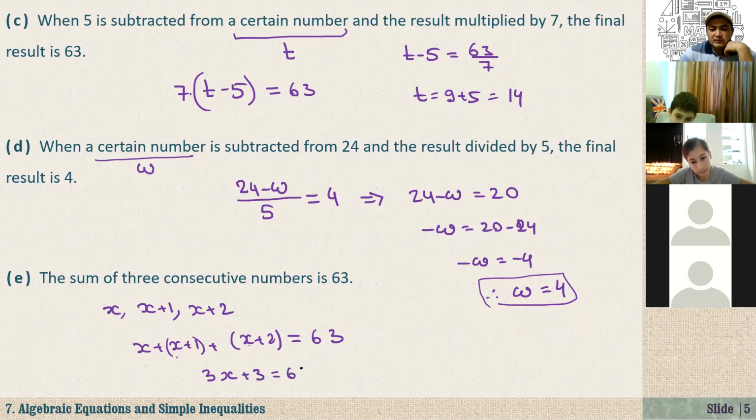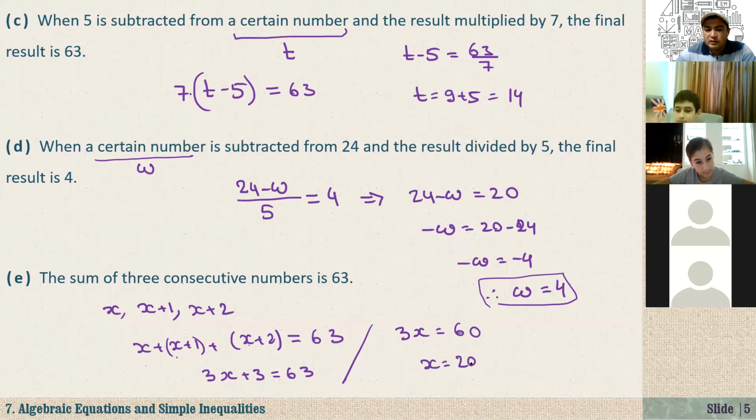On the right-hand side, we have 63. Now, if you subtract 3 from both sides, 3 minus 3 is 0, 63 minus 3 is equal to 60. What is X? X equals 20, right? If the question is to find those three consecutive numbers, those numbers will be 20, 21, and 22.